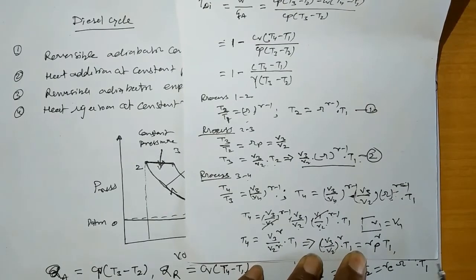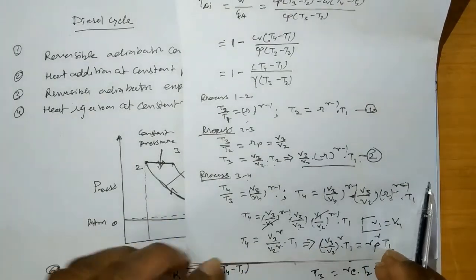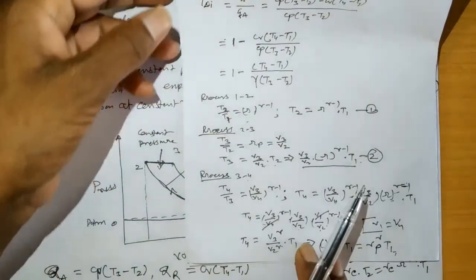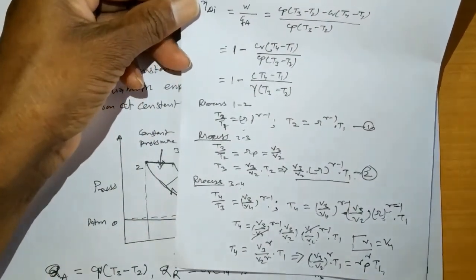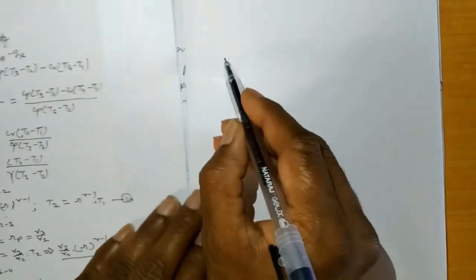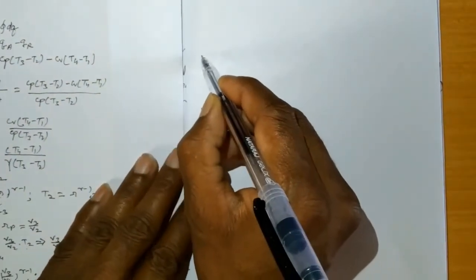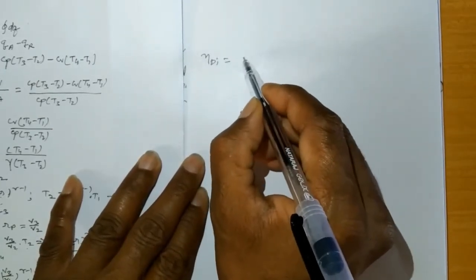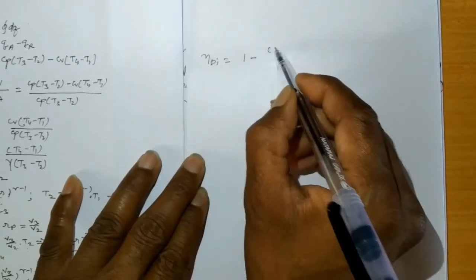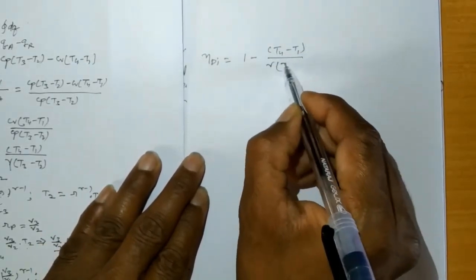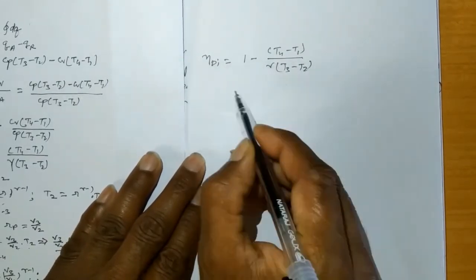Now we substitute all these values in the equation of efficiency. What will we get? The efficiency of the diesel cycle is equal to 1 minus (T4 minus T1) by gamma (T3 minus T2).